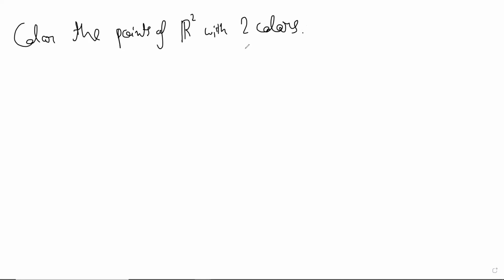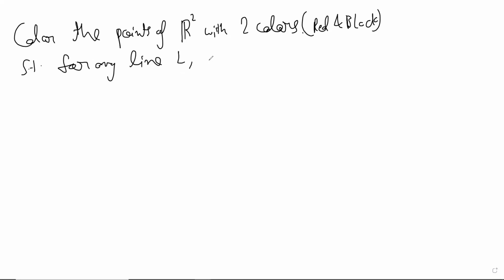Yeah, you want to use two colors, let's say red and black, such that no line is able to separate the colors. That is, for any line L, there is a side with 2 points of different color.